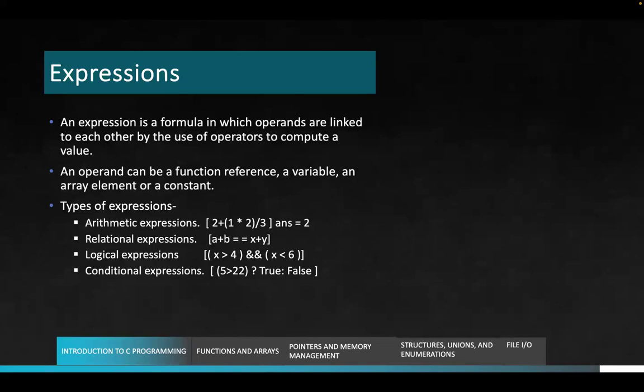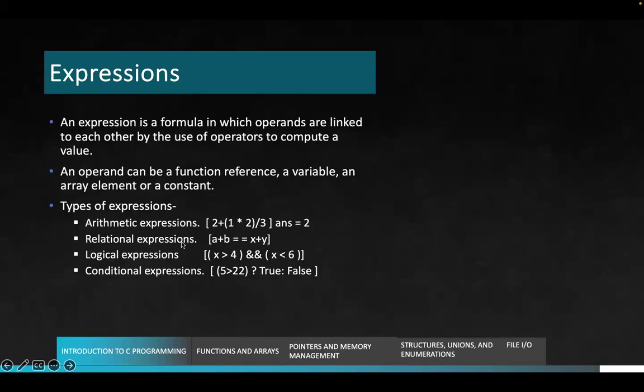Example, in the first example, the arithmetic operation 2 + (1 * 2), multiplication and divide, the answer is 2. How did it come to that? It's very simple. It follows the BODMAS rule. First, it will execute the bracket, then it will follow the rest of the things. That's where the arithmetic operations exist.